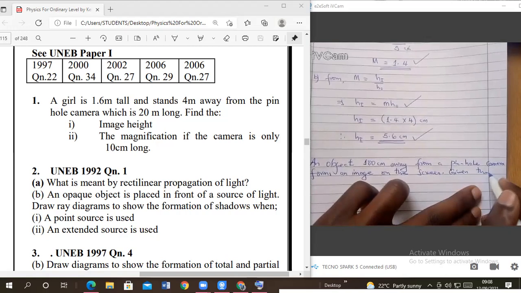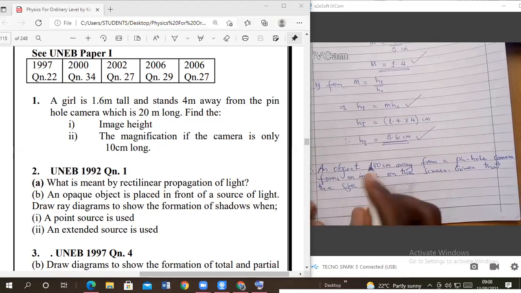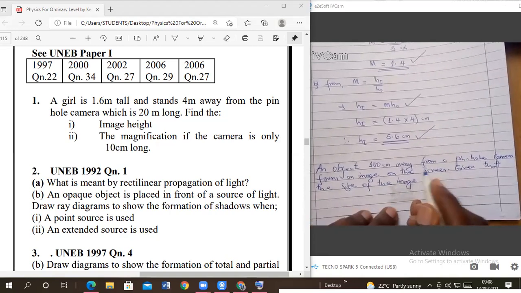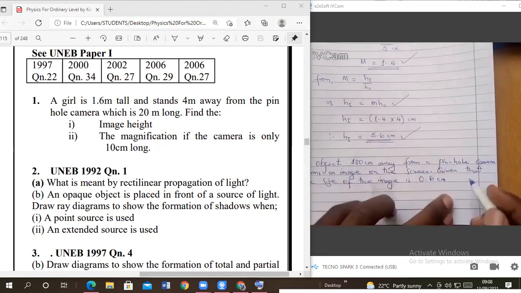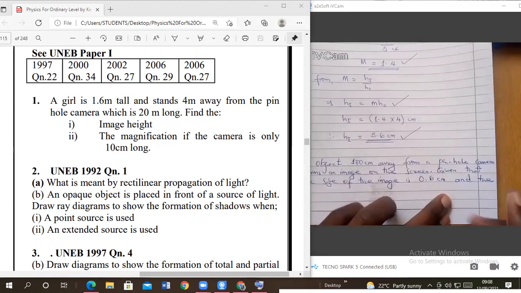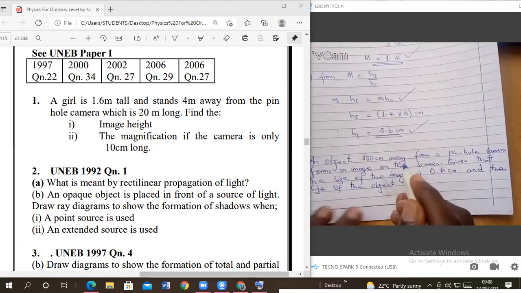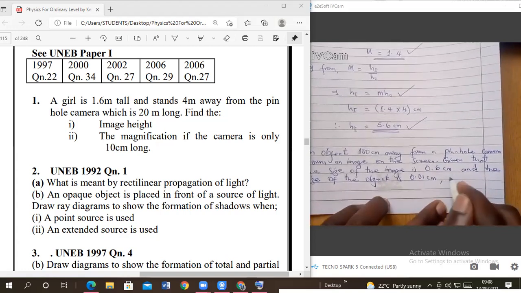Given that the size of the image is 0.6 centimeters and the size of the object is 0.01 centimeters, comma. Members, are we together?